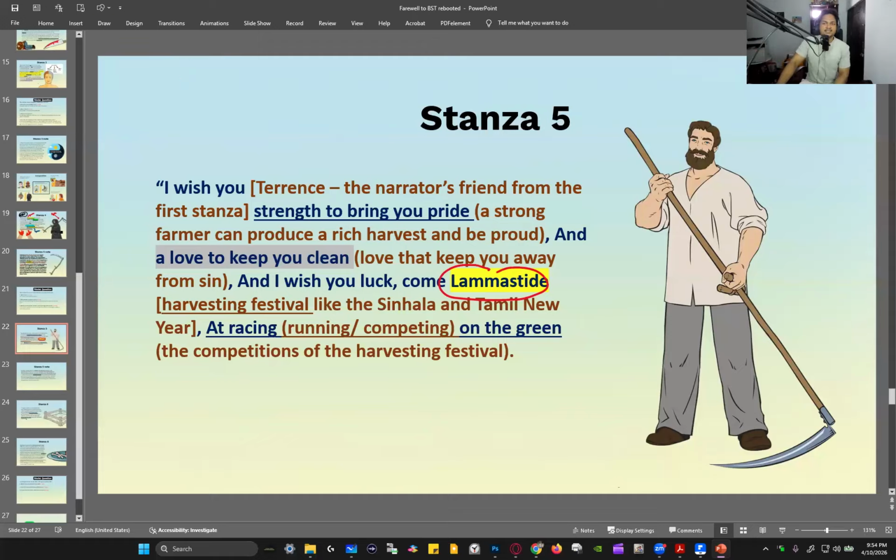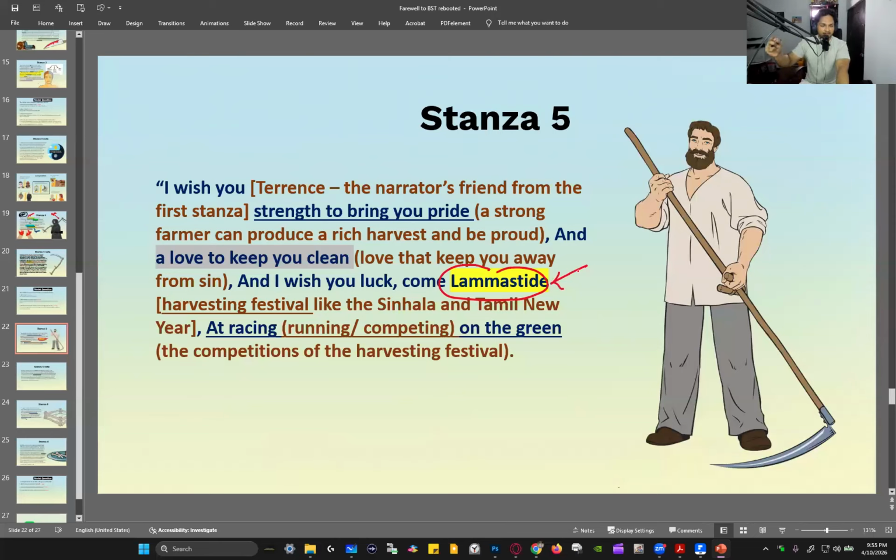So this Sinhala and Tamil and Muslim New Year, it is a harvesting festival. Lammastide is also a harvesting festival.